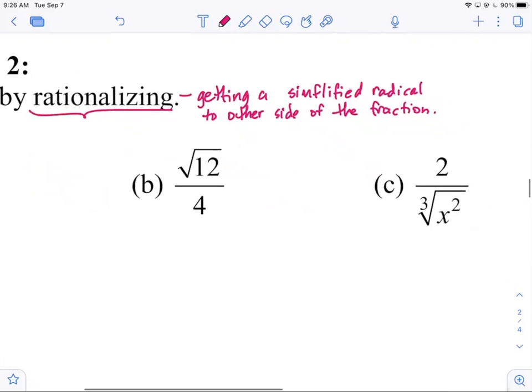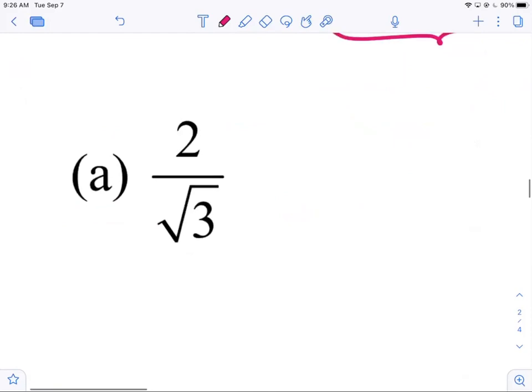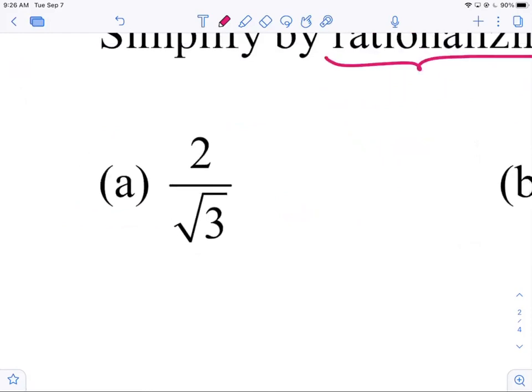So let's try that out on example A, because this is probably what y'all practiced back in algebra 2. This is 2 divided by the square root of 3. So I spy a radical. It's a square root. Step 1, simplify the radical if it's not already. Is the square root of 3 simplified? Yes, it is. So how can I then get rid of the radical from the bottom to the top and keep the value of the fraction the same?